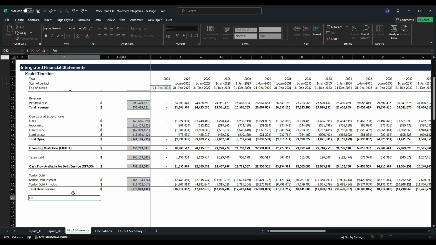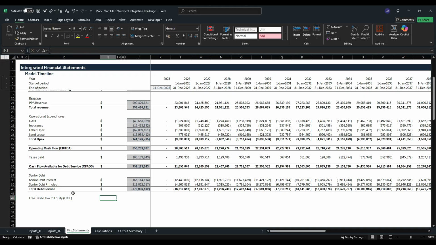So once we paid our bank, we will have free cash flow to equity, also referred to as FCFE, given in dollars. Pick up the row total here. And you guessed it, it's simply the sum of our CFATs plus our total debt service, which is already negative.